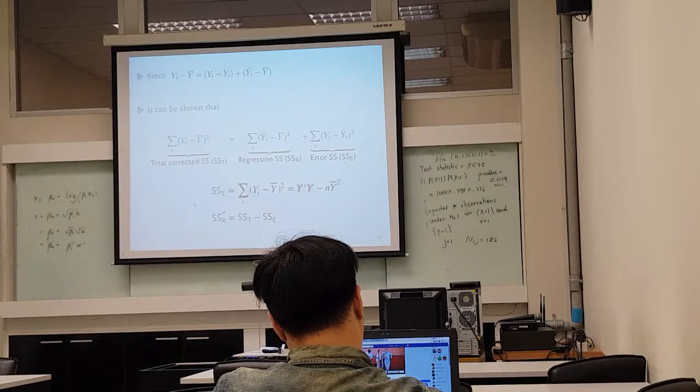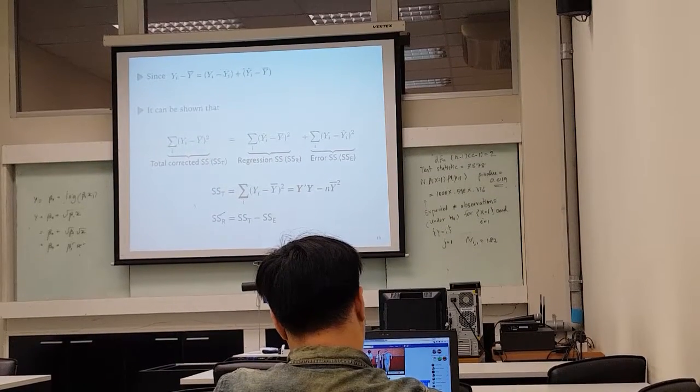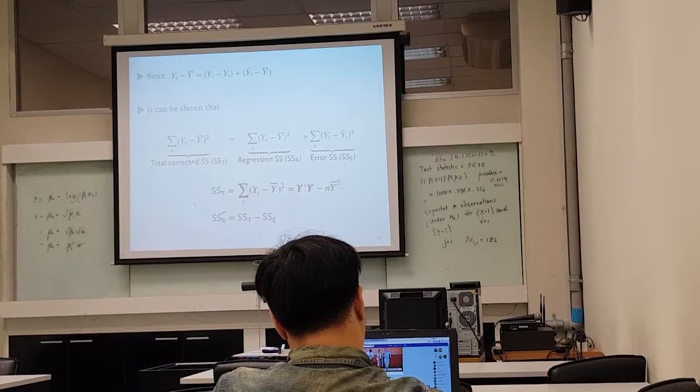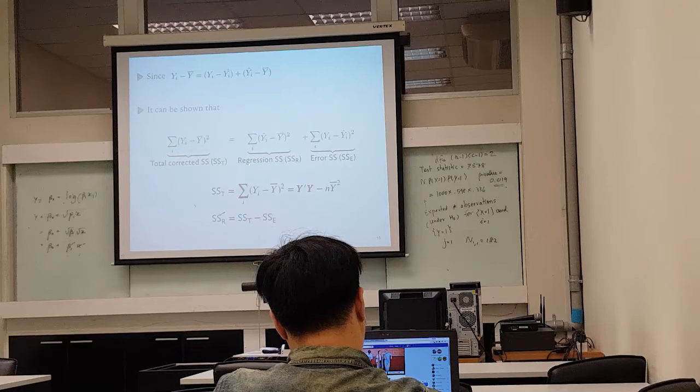And this is the error between the model and the actual, so it's the error sum of square, or sum of square error, SSE. So the meaning of this equation is the deviation of the observation around the mean is the sum of the deviation due to the regression model plus the deviation due to the error.